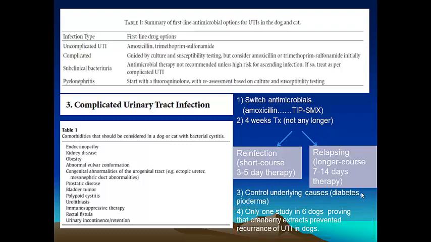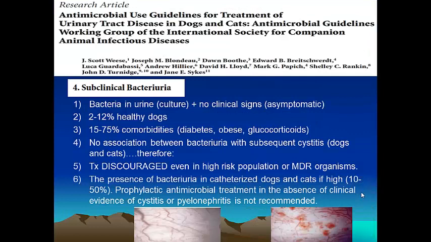The other category is subclinical bacteriuria, and as its name indicates, it is the presence of bacteria in the urine determined by a positive bacterial culture. That is not when we see bacteria by cytology.